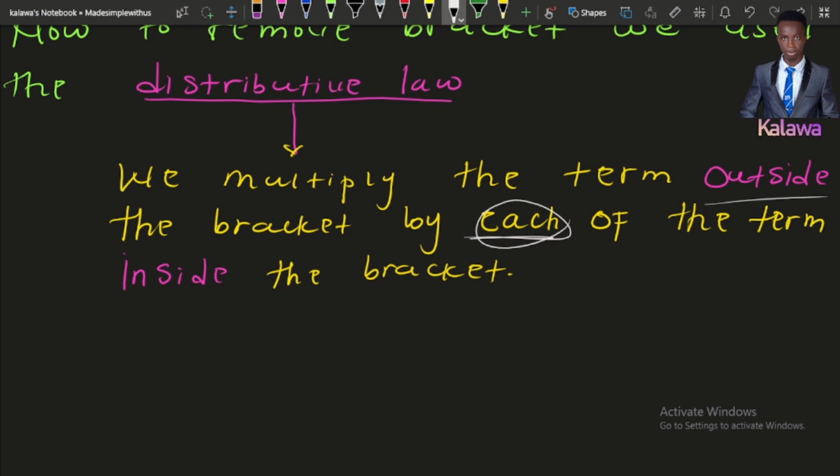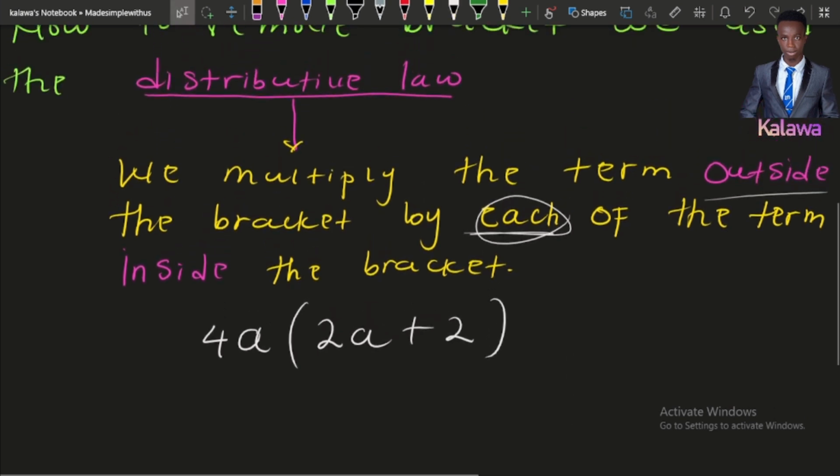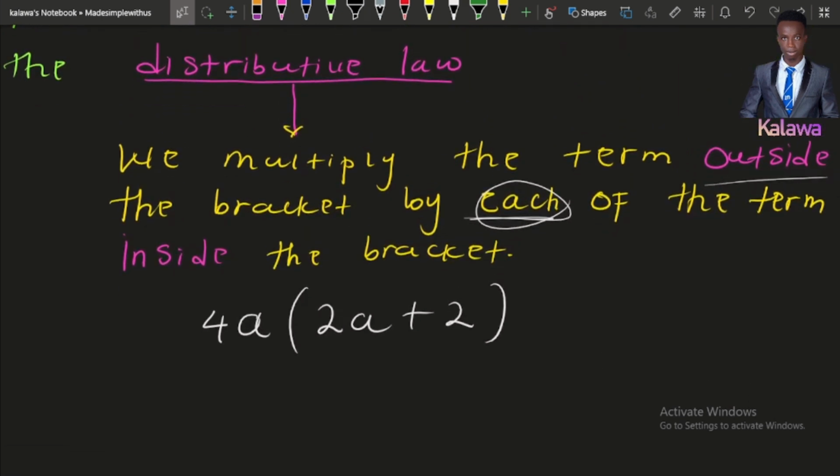Let's say we have 4a, and we have the bracket that comprises 2a plus 2. So how do we remove these brackets? Remember, the distributive law says we should multiply the term outside the brackets. This is the term outside the brackets, and we multiply it by each of the terms inside the bracket.